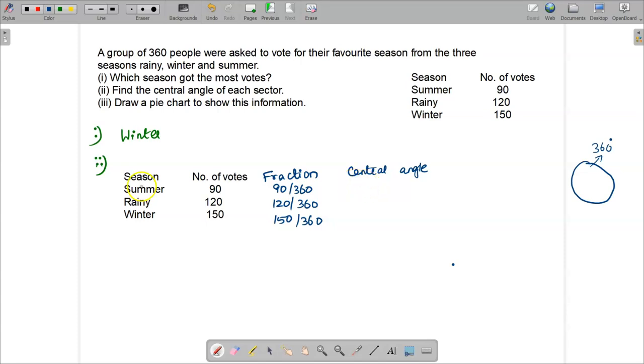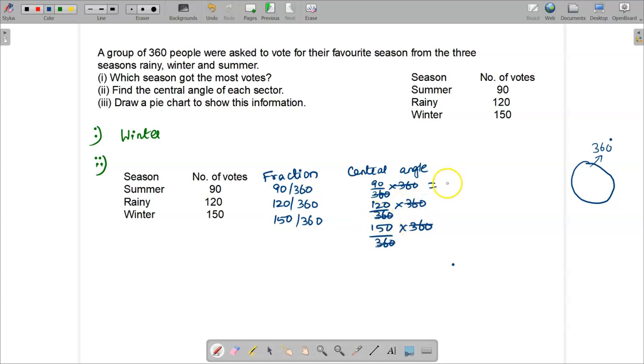For summer it is 90 divided by 360 into 360. Similarly, 120 divided by 360 into 360, and for winter it is 150 divided by 360 into 360. Anyway, the 360 gets cancelled in each term.